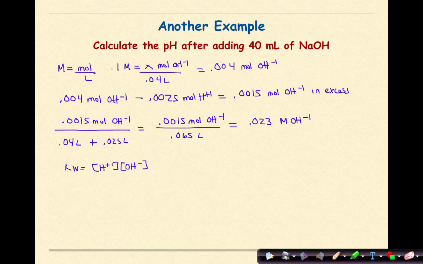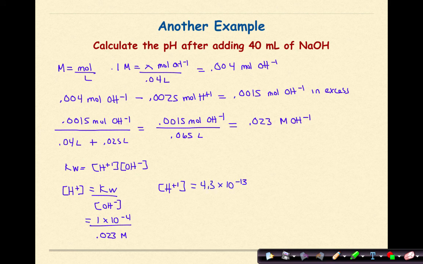Again, we can take Kw is equal to the hydrogen ion concentration times the hydroxide ion concentration. We can solve for hydrogen ion concentration: Kw over OH-. Kw is 1 times 10 to the negative 14. The hydroxide ion concentration we calculated is 0.023 molar. So our hydrogen ion concentration here is going to be 4.3 times 10 to the negative 13.